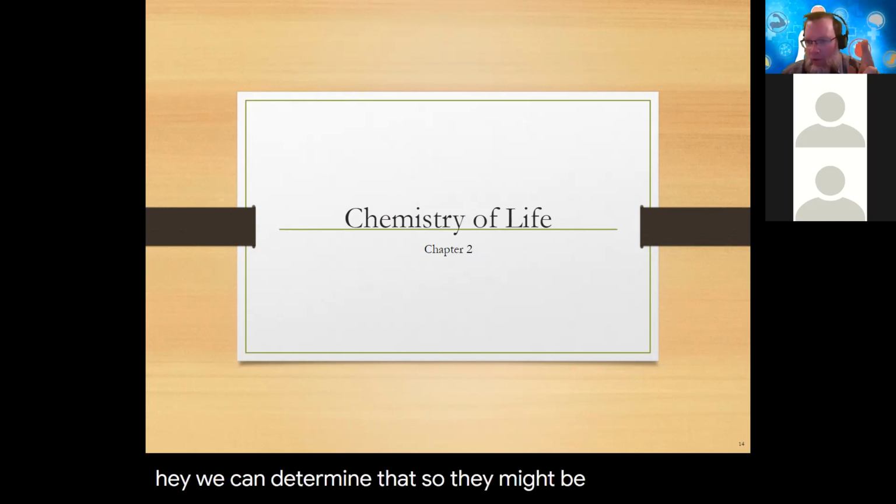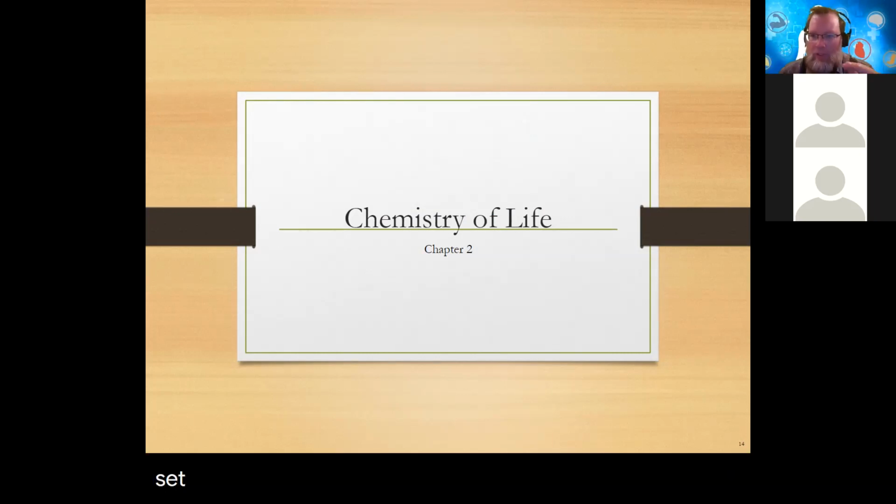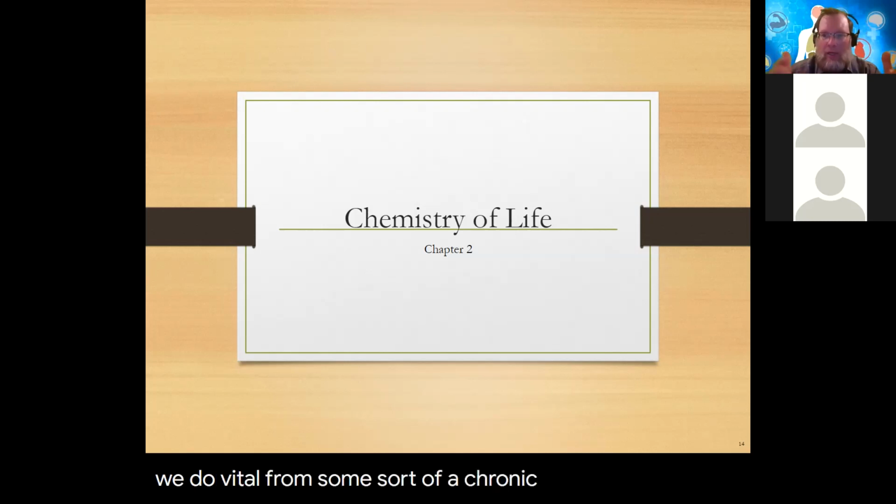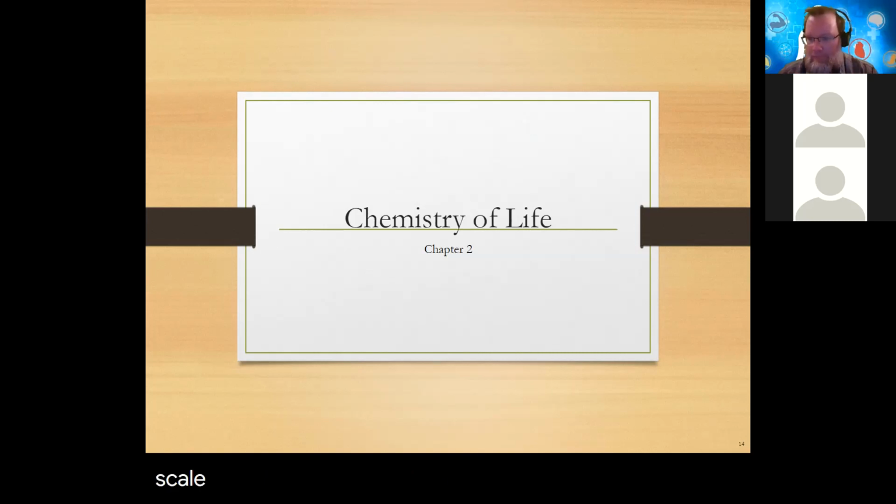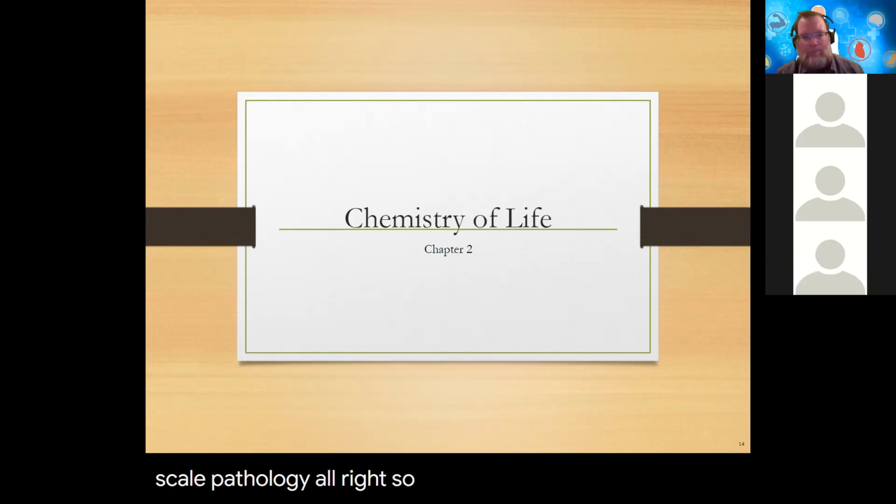So they might be out of homeostasis just a little bit, not enough to have altered their set points. The third issue that we're looking for when we do vital signs is this individual suffering from some sort of a chronic disease or a larger scale pathology. All right. So anyway, that's homeostasis.